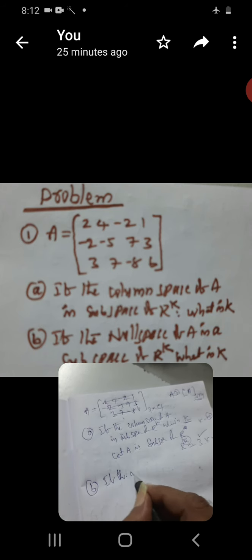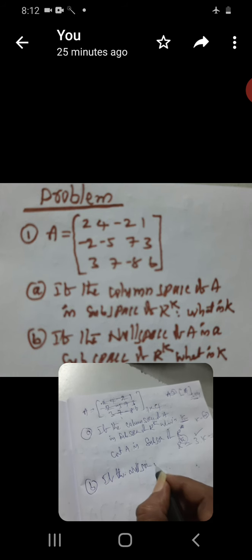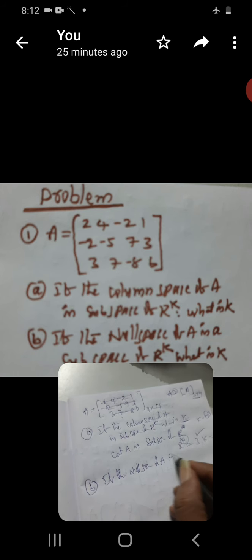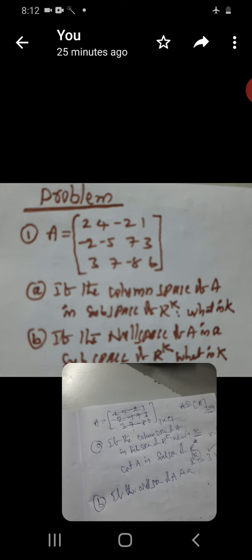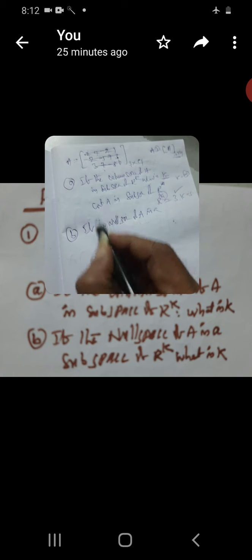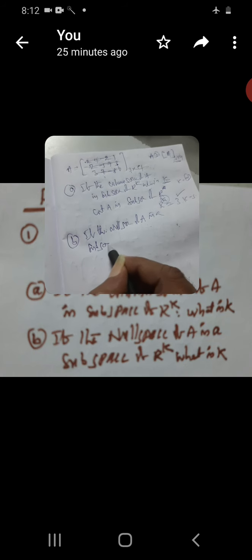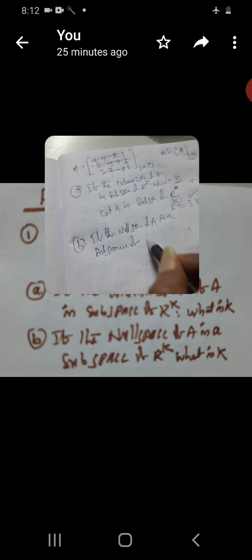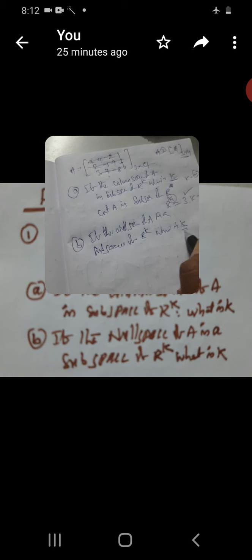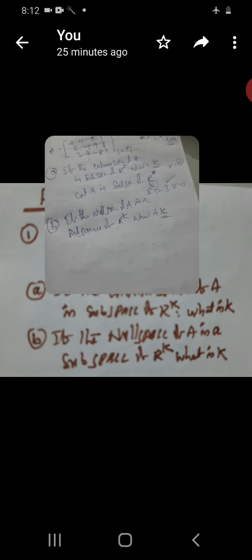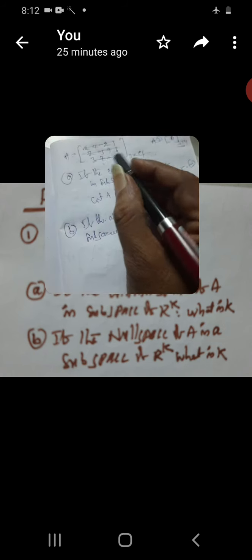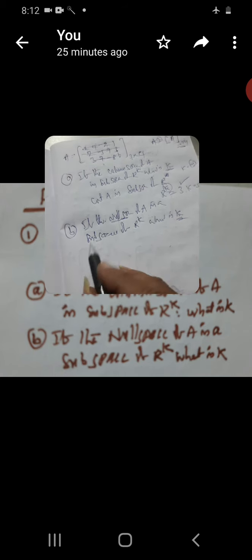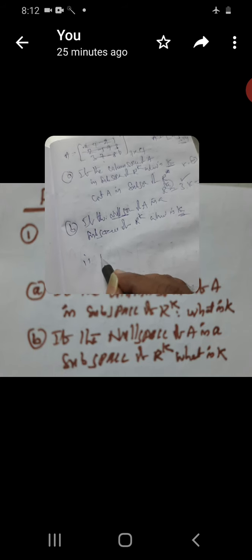Similarly, part B: if the null space of A is a subspace of R power k, what is k? See, null space: one of the theorems is already proved.